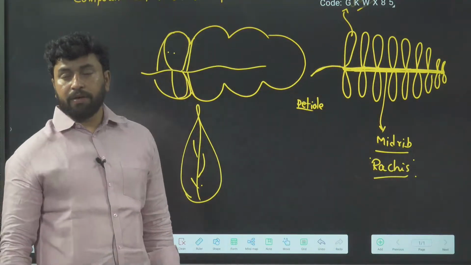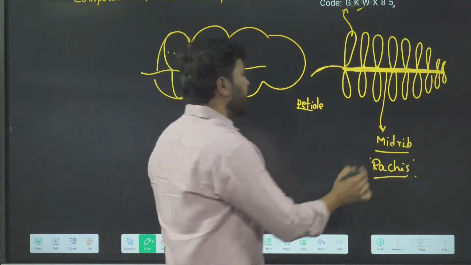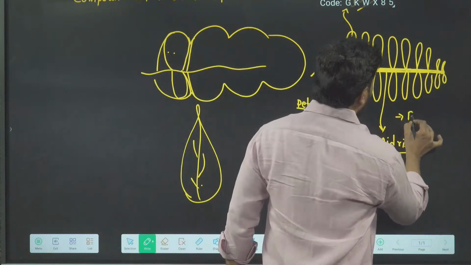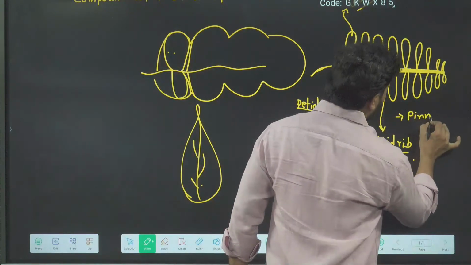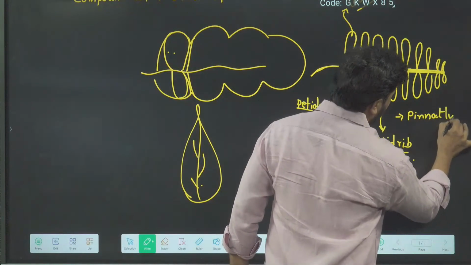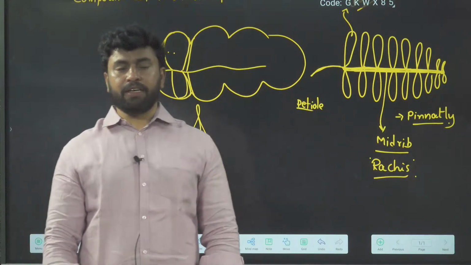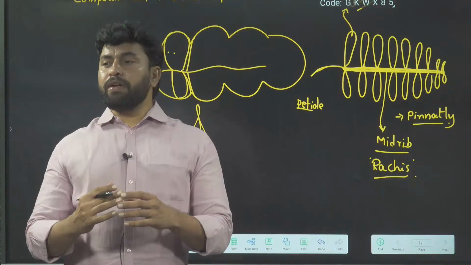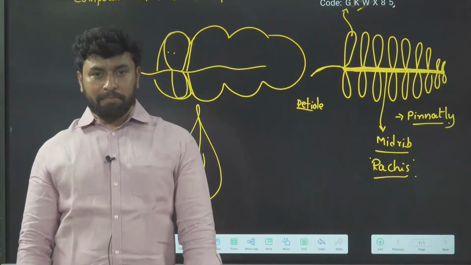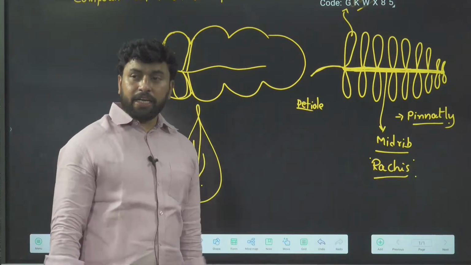This kind of compound leaf is generally called a pinnately compound leaf. Pinna means feather. If a compound leaf appears like a feather, that's called a pinnately compound leaf.